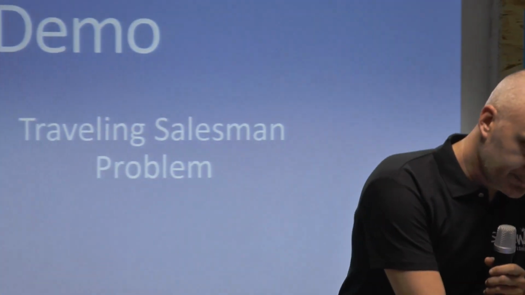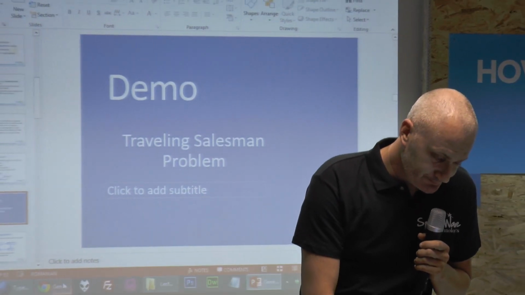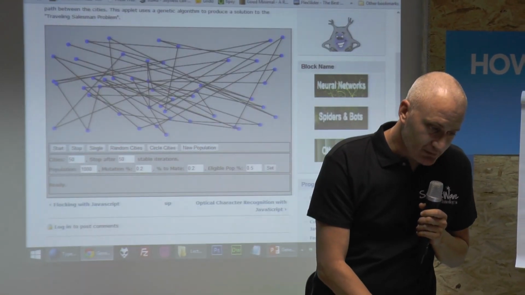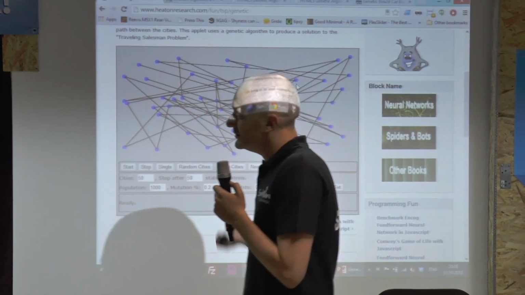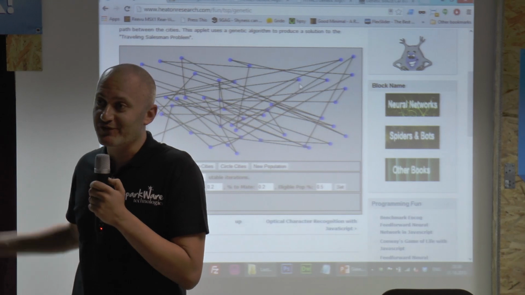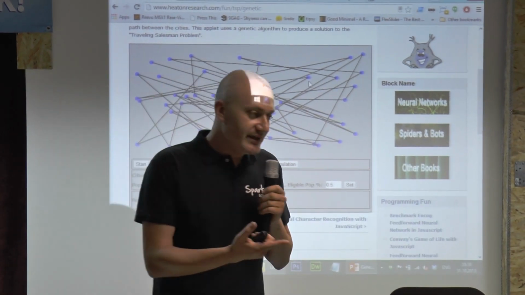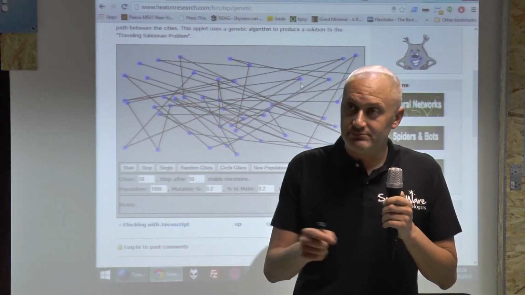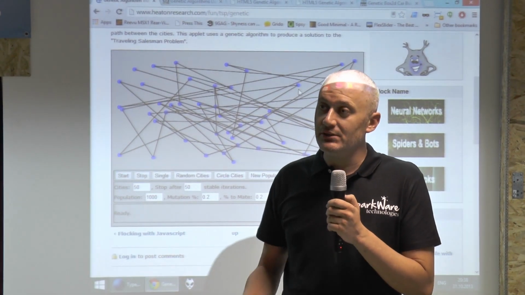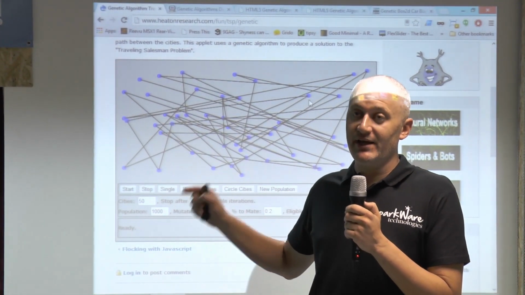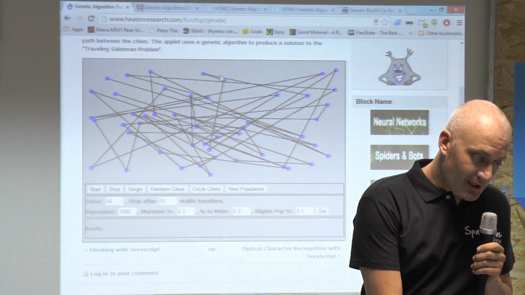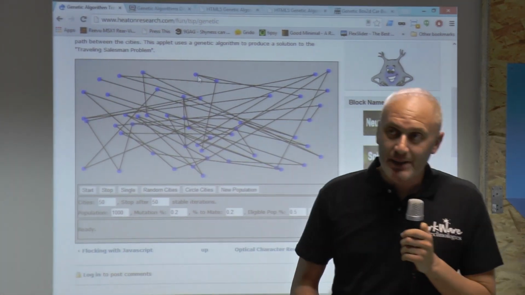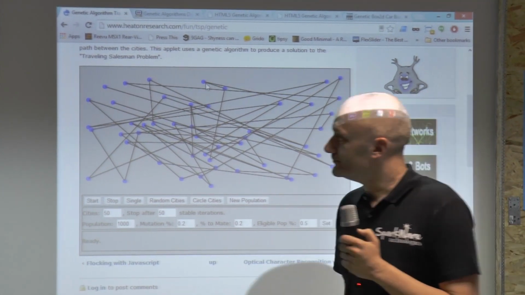So just to start with a very quick demo, we were talking about JavaScript and how strong it is, and JavaScript is strong enough to solve this problem. This is a JavaScript engine, a genetic algorithm engine to solve the TSP problem, the traveling salesman problem. As you can see, each blue dot represents a city.